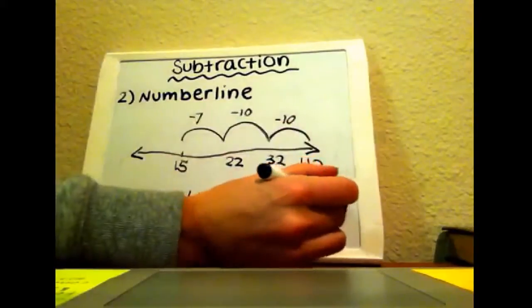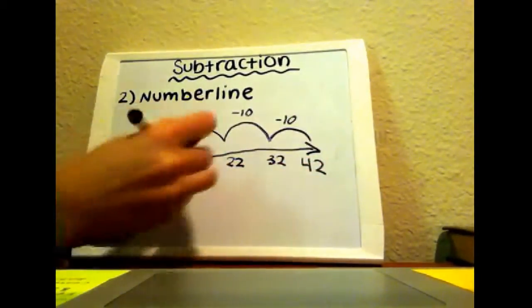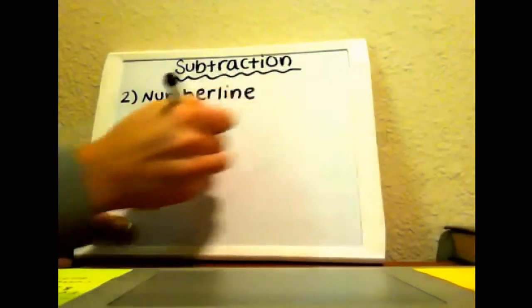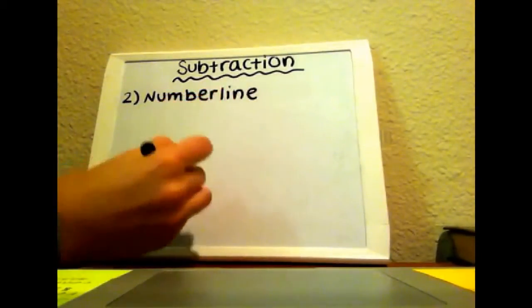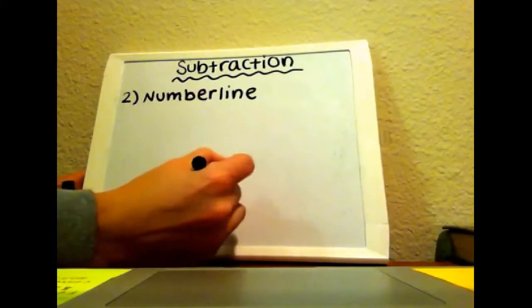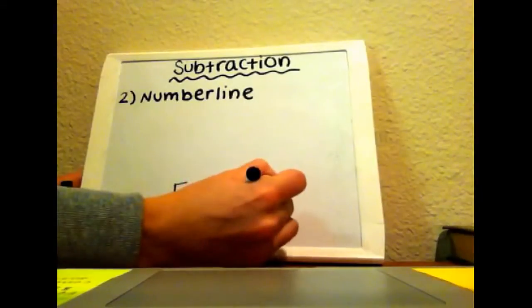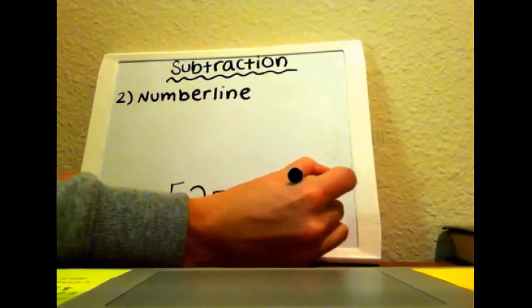So to do an even more complex problem, we're going to deal with numbers in the hundreds. So for this problem, we're going to do 525 minus 340.